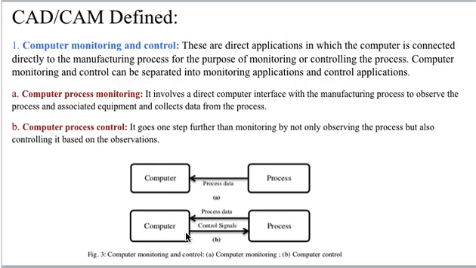In addition to the applications involving a direct computer process interface for process monitoring and control, computer-aided manufacturing also includes indirect applications in which the computer serves a support role in the manufacturing operations of the plant.